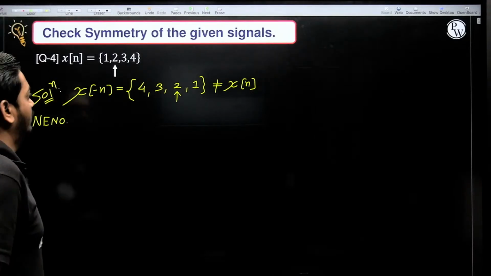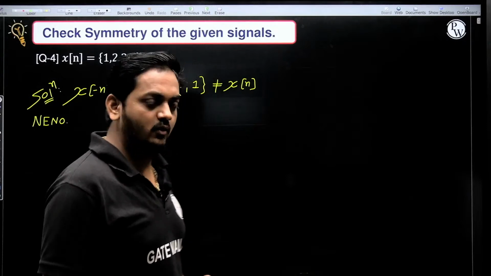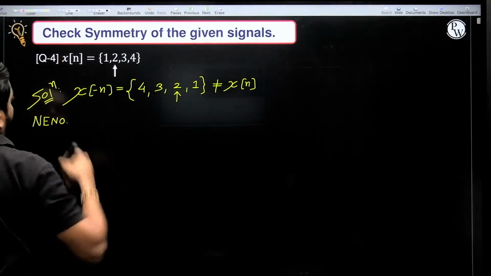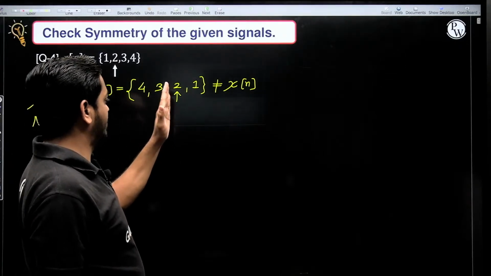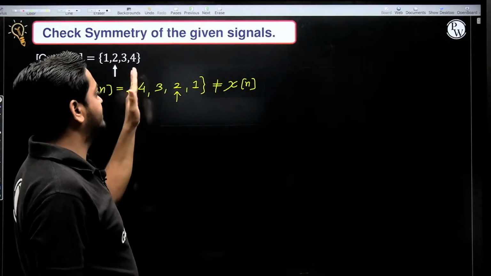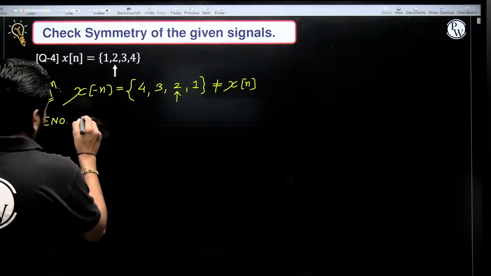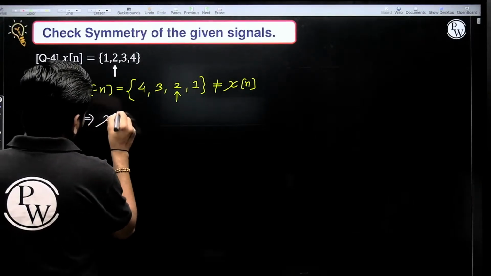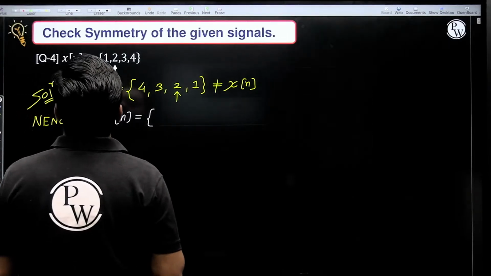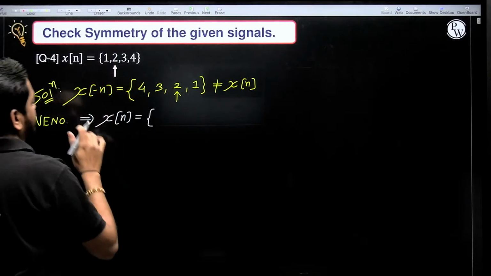Okay. Now if he wants to find its even part and odd part, then first of all make the equal number of samples, right side of the origin, left side of the origin. Make the equal number of samples before finding odd part, even part. What exactly I am saying, guys? The x of n equal to, here see, right side there are two samples, so left side also it should be two samples.